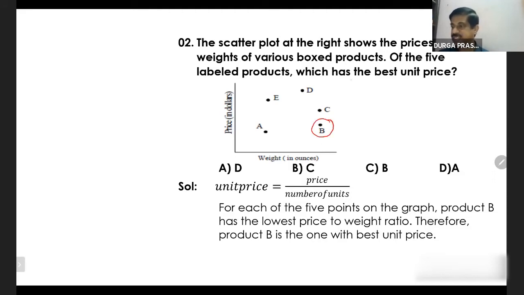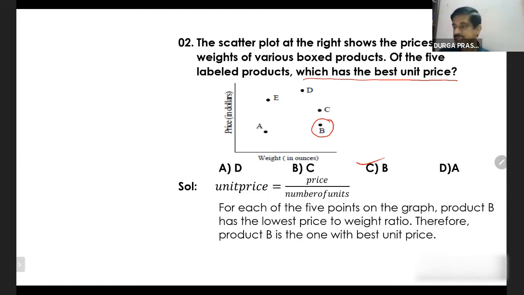Now, what did he ask? Which has the best price? Best price means generally it is the least price we look at from the consumer side. So least price should be B. So option C has B. I think you have understood.